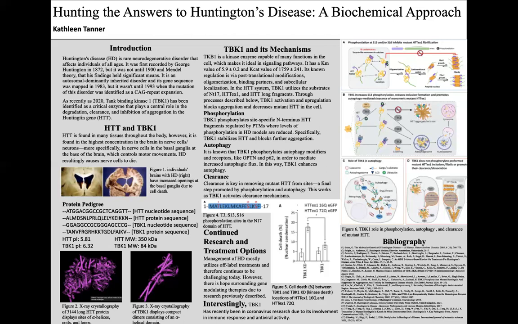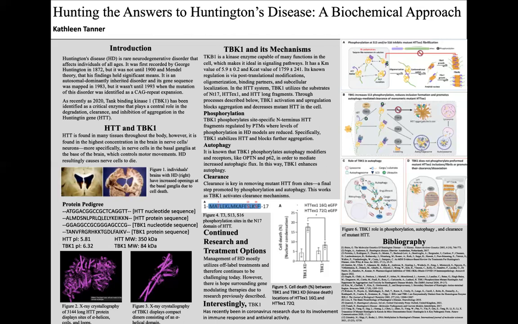In block C, specific roles of TBK1 at different stages of autophagy are shown, specifically how TBK1 phosphorylates the autophagy adapters, so that's P62 and OPTN, that bind the substrates or damaged mitochondria.